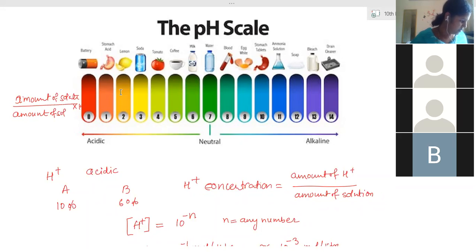When H plus ion concentration is expressed in terms of 10 to the power minus n mole per liter, the magnitude n is considered as pH.